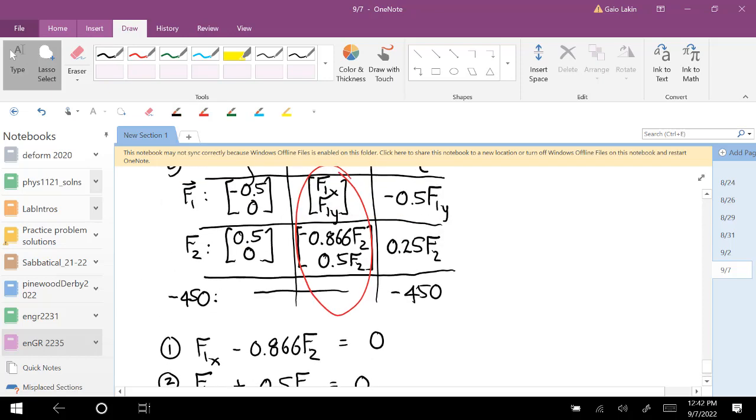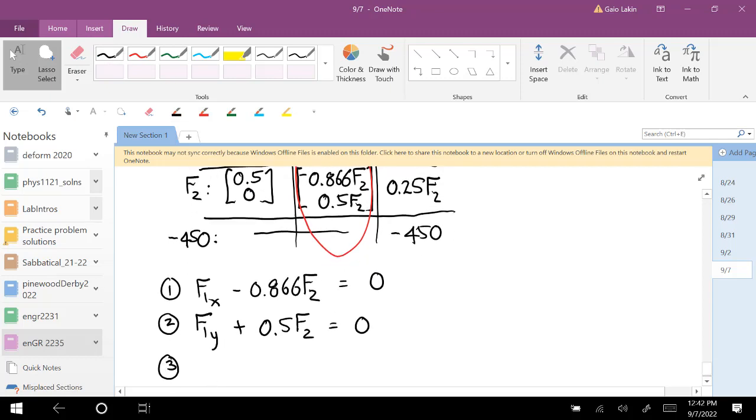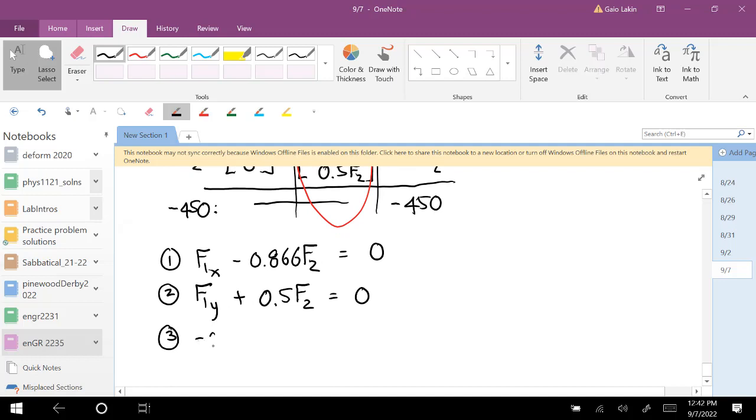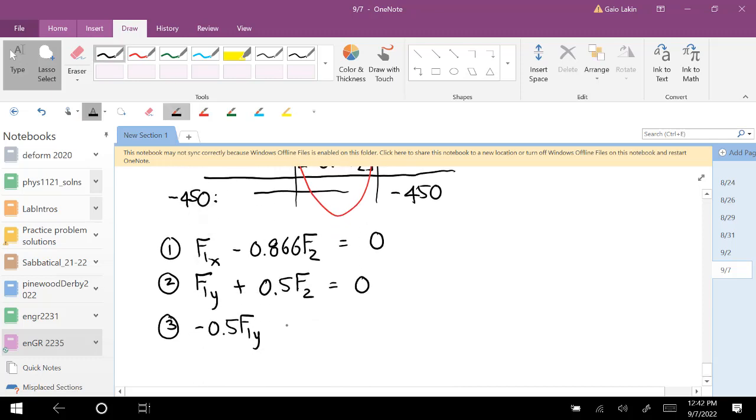And the third equation, this is the z components of the moments, says negative 0.5 F1y plus 0.25 F2 minus 450 is equal to 0. I'll move that over to the other side.